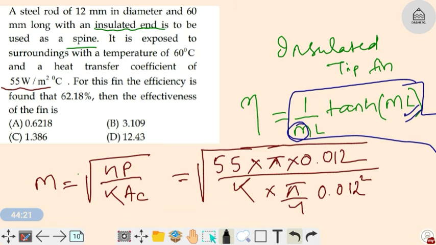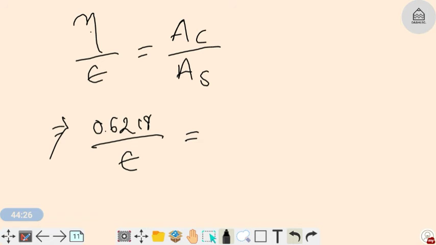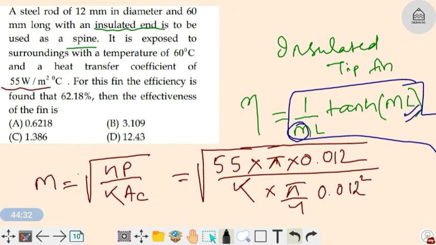What is the cross sectional area? It will be pi by 4 into d square. What is d? d is 12 mm.